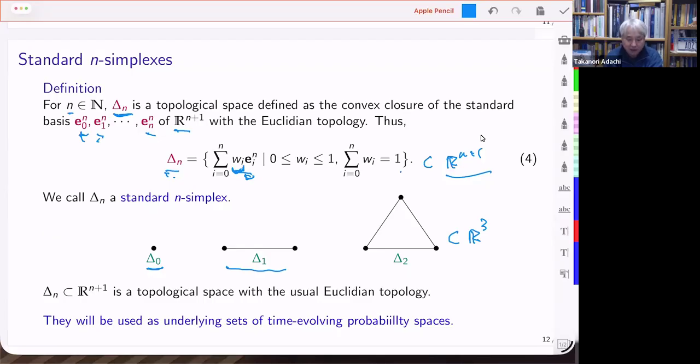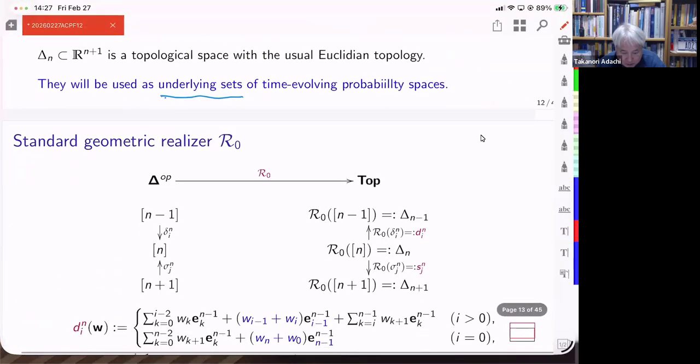So this is a sequence of topological spaces, and we will use them as the underlying sets of the time-evolving probability spaces. So we will think about a sequence of probability spaces, and each probability space has this delta n as an underlying set, which we usually call omega. This is very important.